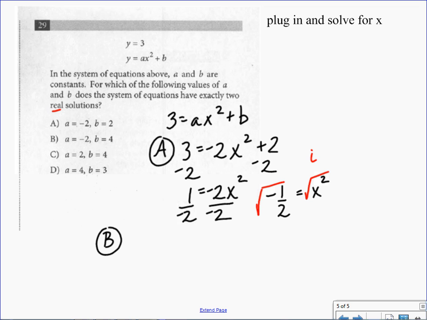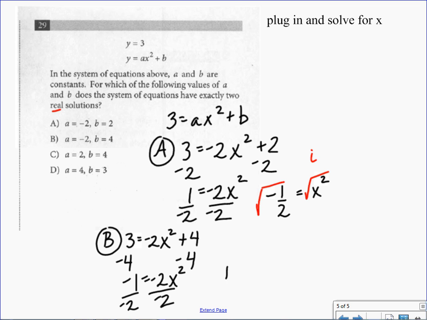Now we're just plugging in again, so we have 3 equals negative 2x squared plus 4. Just combining like terms, this is looking good because we're going to divide here, which means we have 1/2 equals x squared.